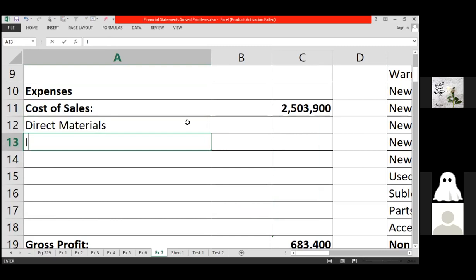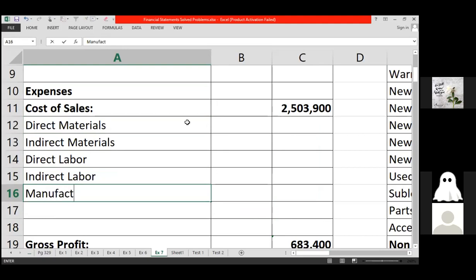So there is direct materials, indirect materials, direct labor, indirect labor, and manufacturing overheads. They may even classify that into direct overheads and indirect overheads.